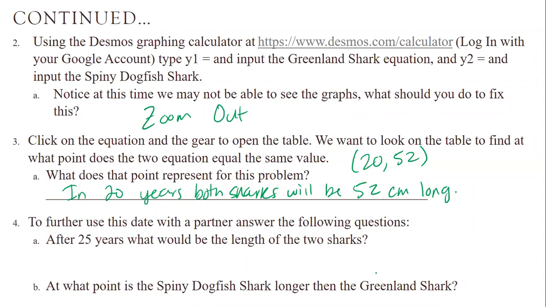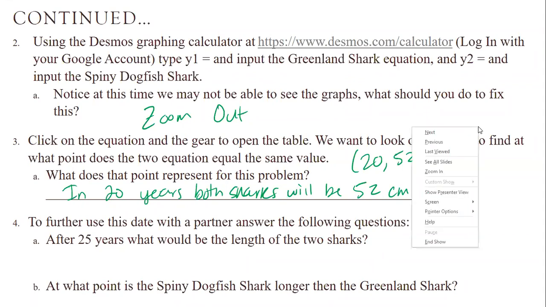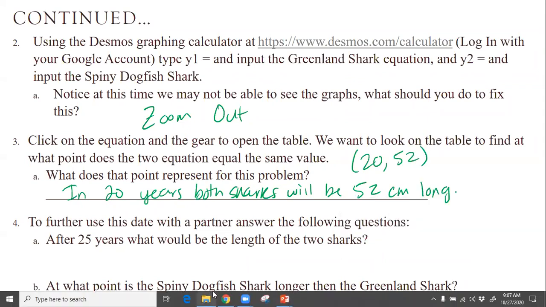So the good thing about having the table and the computer and technology is that when you have additional questions, you can easily answer those questions, right? So it says here, after 25 years, what would be the length of the two sharks? Well, let me go look. Let me go back to my table.